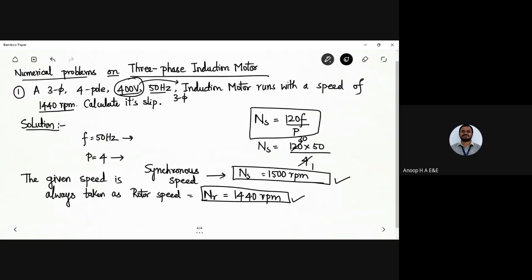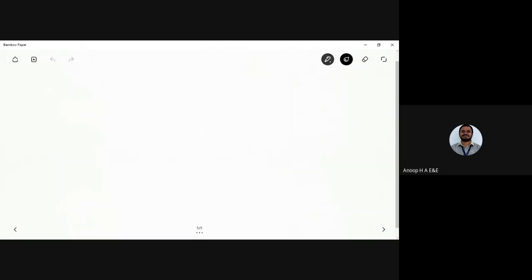All right. Now how to calculate the slip? What is the general equation of the slip? That is ns minus nr divided by ns. Now what is ns? 1500 minus 1440 divided by 1500. So what is the difference?